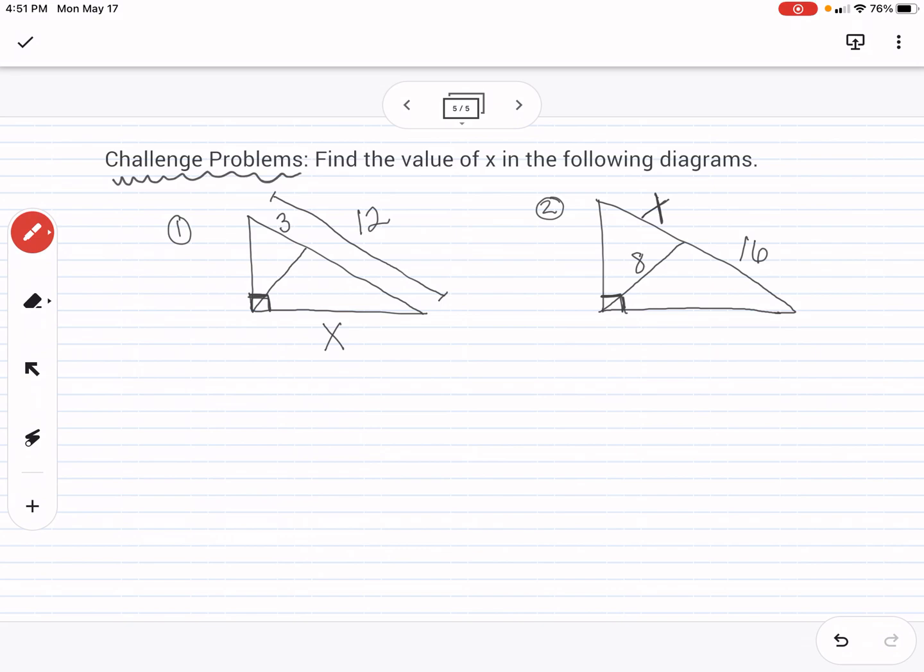So here in problem 1, I notice x is a leg. So I'm going to use the leg theorem, which means I need the piece that's touching the leg, this piece right here. 12 minus 3 would be 9.